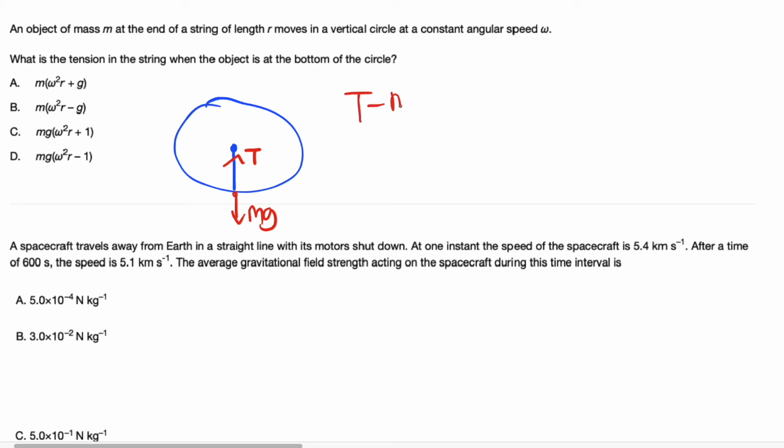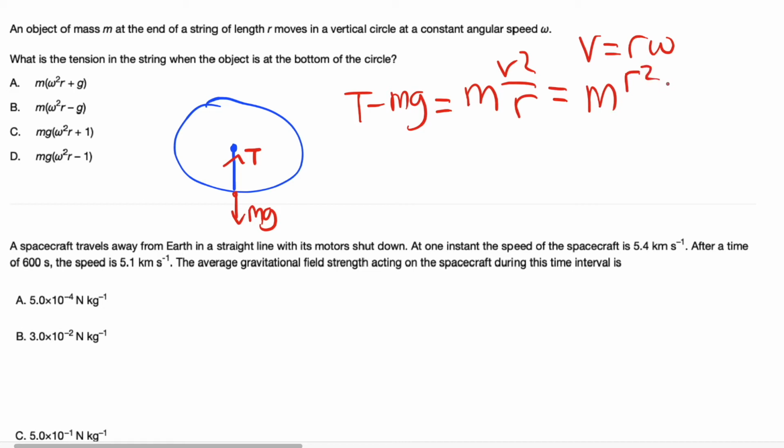So T minus gravity is going to be equal to the centripetal force, which is equal to m times v squared over r. We also know that velocity is equal to radius times omega. So this is equal to m times r squared times omega squared divided by r. So T minus mg is equal to mass times radius times omega squared.